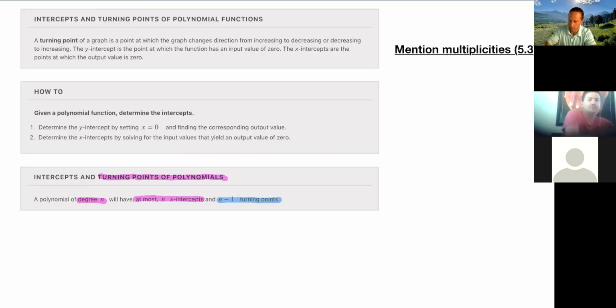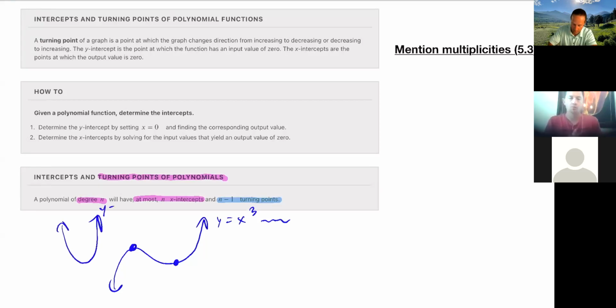So remember when I wrote down some x cubed function. Notice there were 1, 2 turning points. How about when it was x squared? How many turning points? 1 at the vertex in particular. And how about a line? How many turning points?